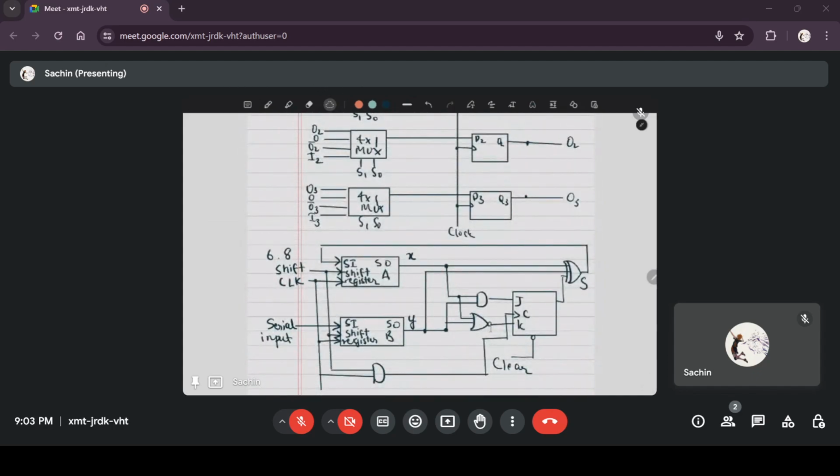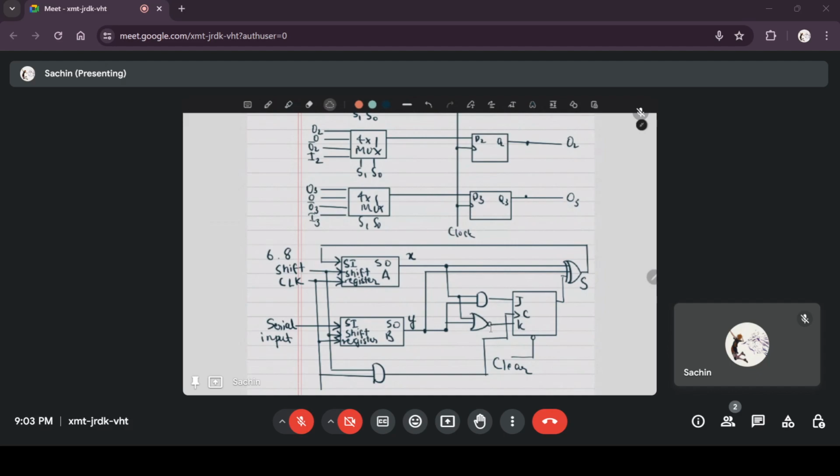Problem 6.a says that this flip flop stores the carry, a JK flip flop. So the shift register will shift first. These two hold 4-bit numbers 0101 and 0111.